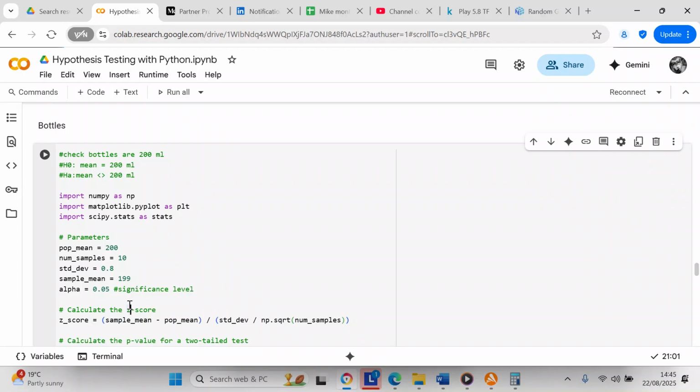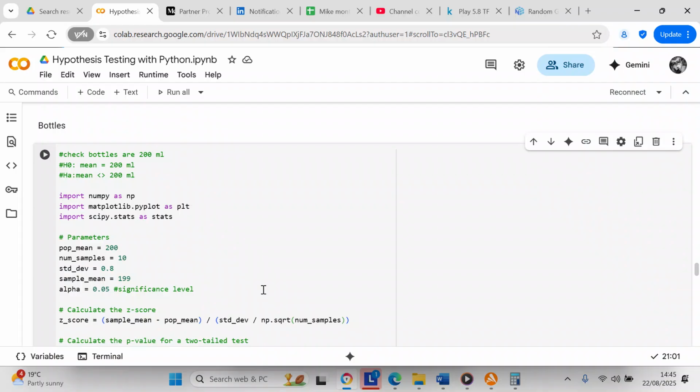Now we're going to calculate our z-score. Your z-score is your sample mean minus your population mean, divided by the standard deviation divided by the square root of the number of samples. The square root of 10 will be a little over 3.